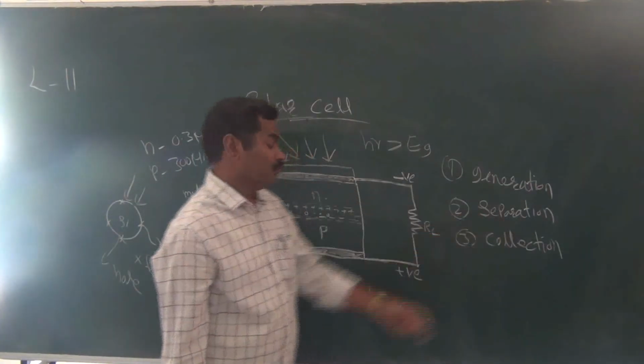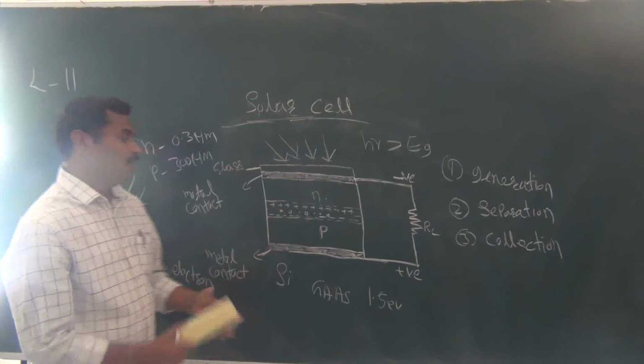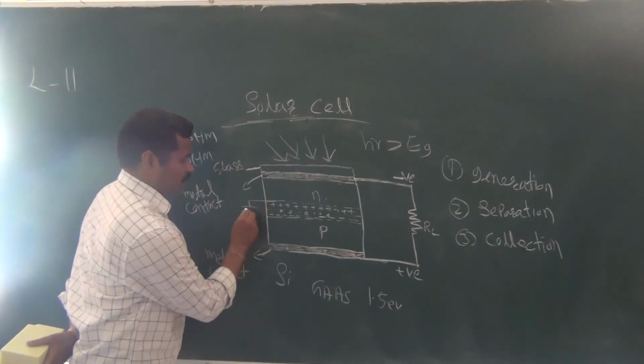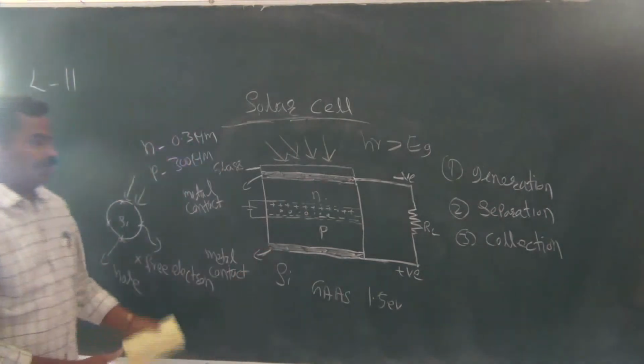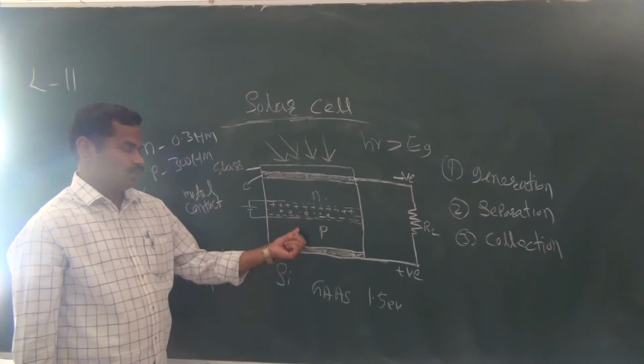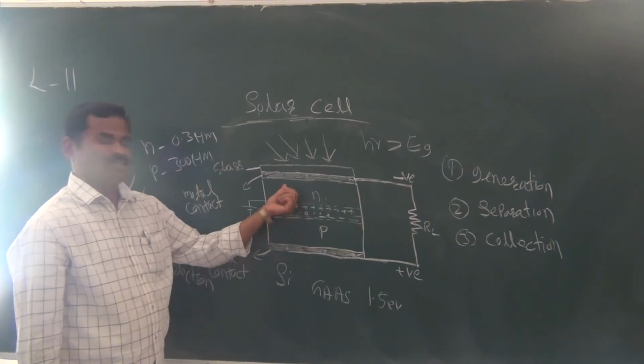What is separation? Because of the high electric field, as you know, here I have the high electric field. Because of this electric field, what happens? These holes will move towards the p side and electrons move towards the n side.